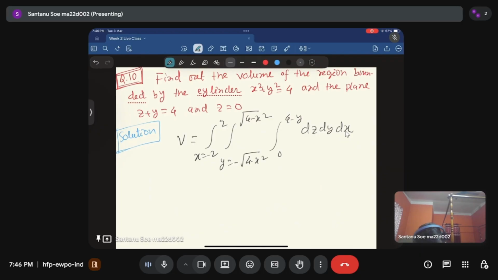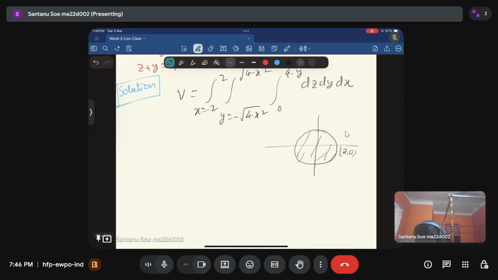So if a plane is cutting the cylinder, the projection will be just a circle of radius 2, correct? And this can be evaluated easily. So this is just x from minus 2 to 2, y from minus square root of 4 minus x squared to square root of 4 minus x squared, and then 4 minus y, dy dx.